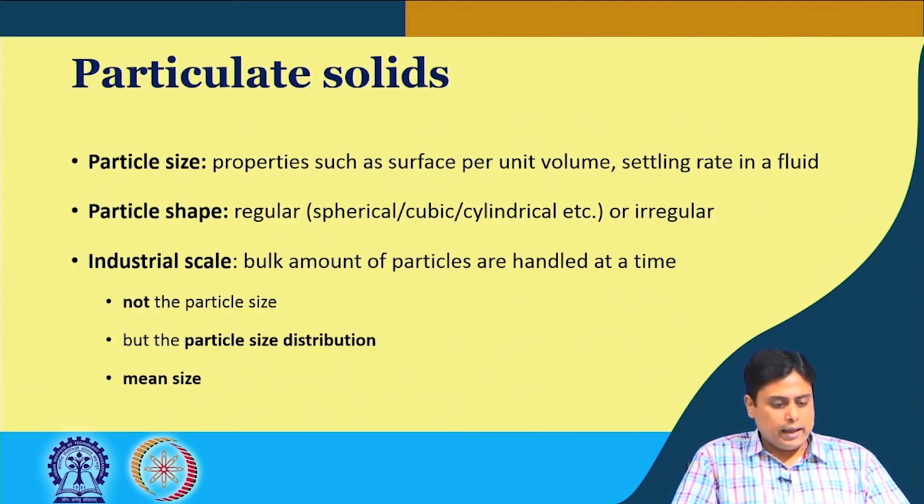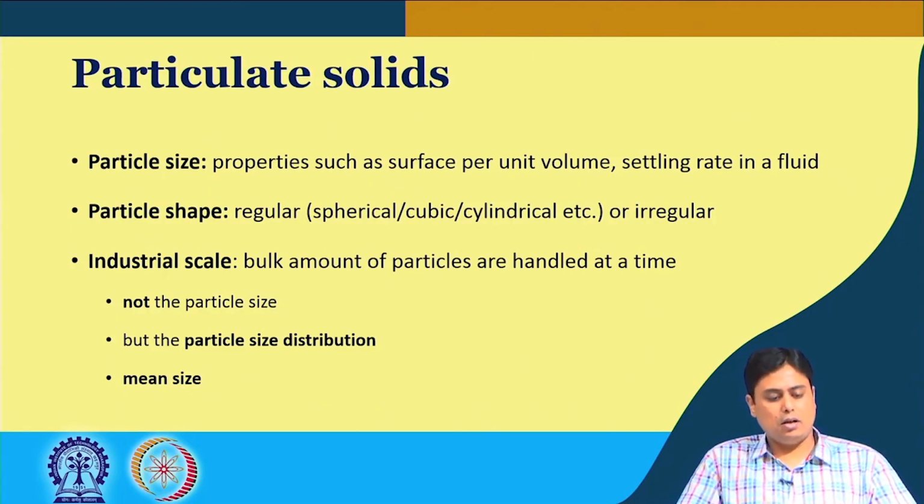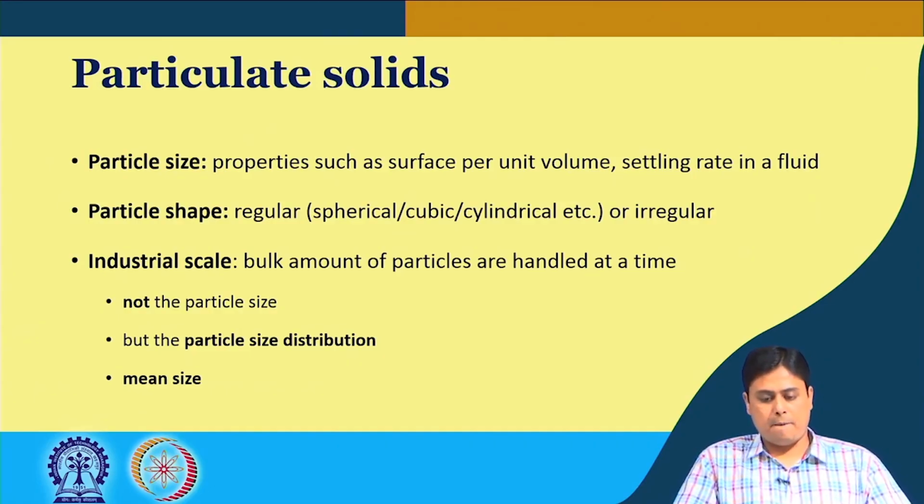So, particle size, shape and composition have significant influence on the solids characteristics as well. Like in the case of nanoparticles, when the size goes around 10 to the power minus 9 meter, that is the nanoscale, particle size actually changes the color of that substance.